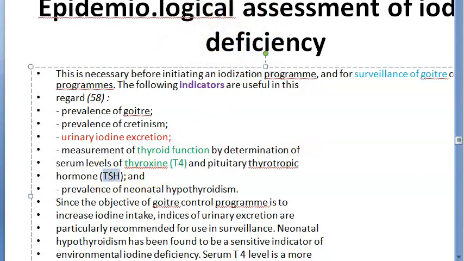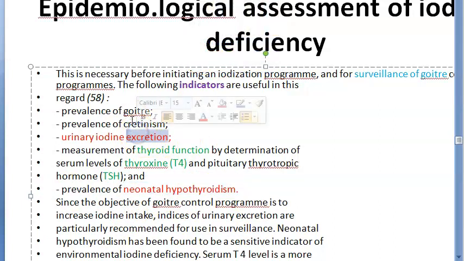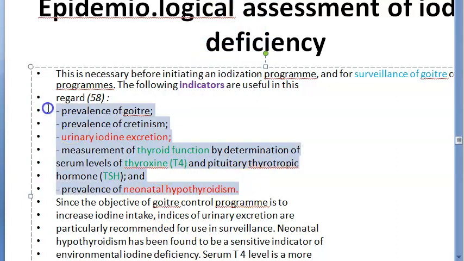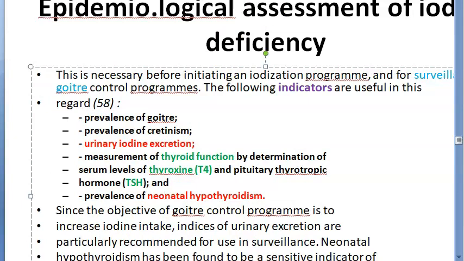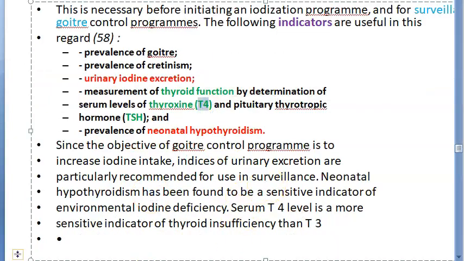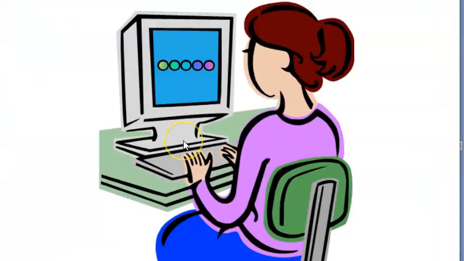T4 and TSH mainly they are checking. Then you will also check for the prevalence of neonatal hypothyroidism, which will lead to cretinism. These will be your indicators, remember. Remember, T4 is a more sensitive indicator than T3.